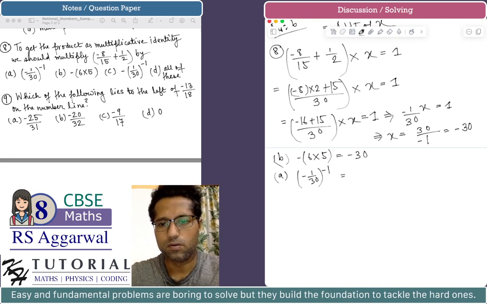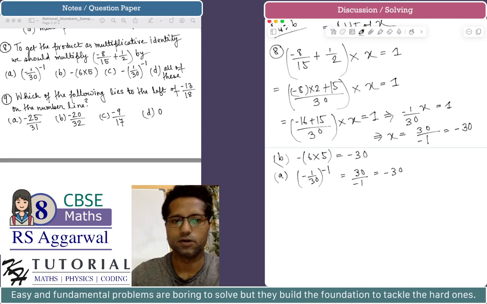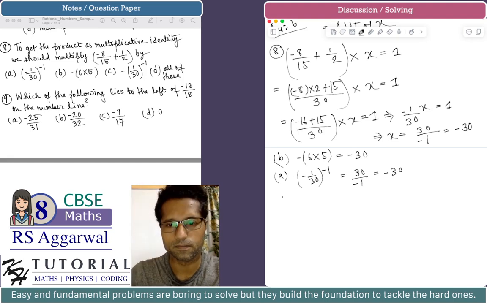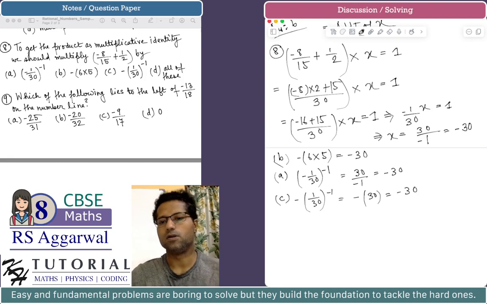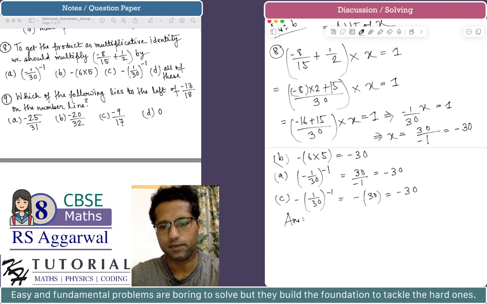Which is 30 by minus 1, which is equal to minus 30. So A is also a correct choice. And what is C? Negative of reciprocal of 1 by 30. The reciprocal of 1 by 30 is 30, so this is minus 30. So A, B, C all are correct choices, and hence the correct choice will be D, that is all of this.